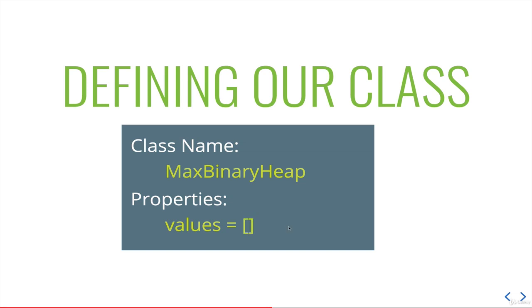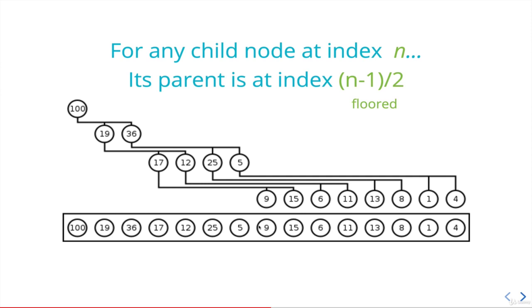And in this video, I'm going to walk through how we would add an insert method so that we could say max binary heap insert 10, max binary heap insert 50. We'll just be storing things in this values array, where instead of creating a bunch of nodes and connecting them manually, we store them in an array and use their position to model the actual structure.